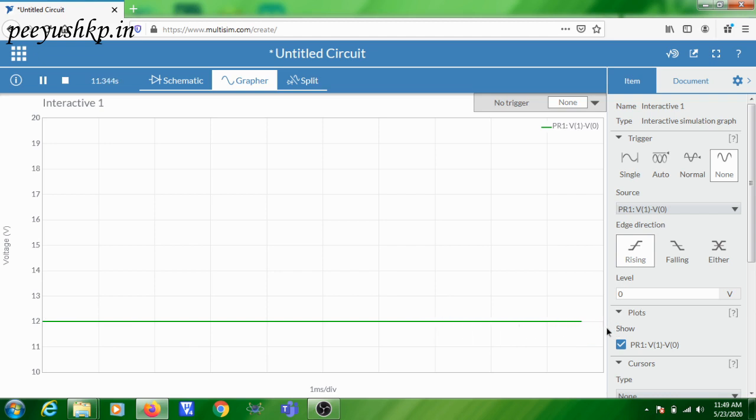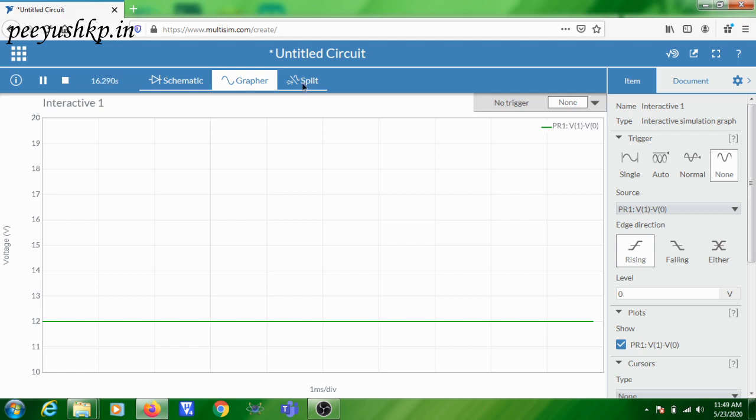When you keep the cursor here, you can see that at 12.8 seconds you get 12 volt. The simulation keeps on running, so whenever you keep the cursor further along, the time will be more. At 14.71, the voltage was 12. Like that you will get a plot.